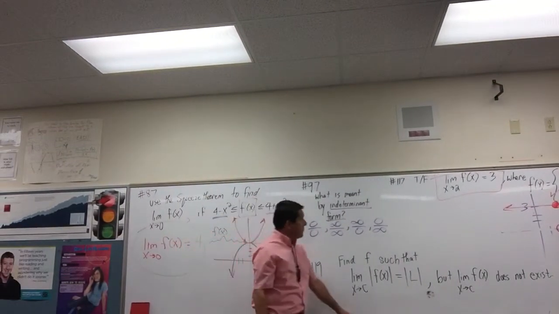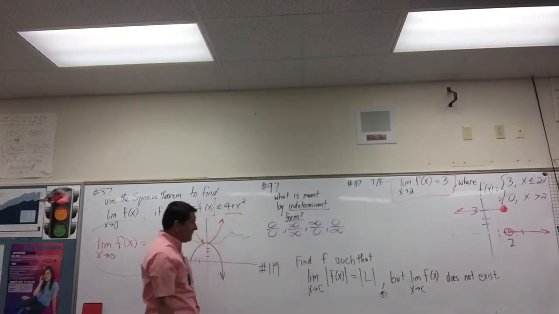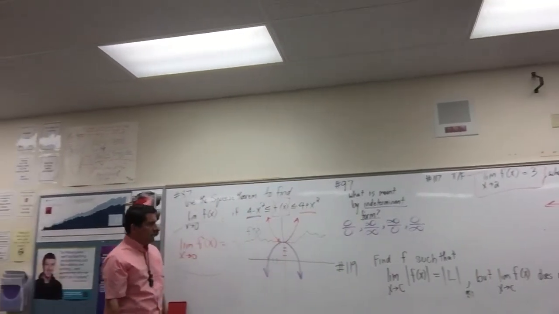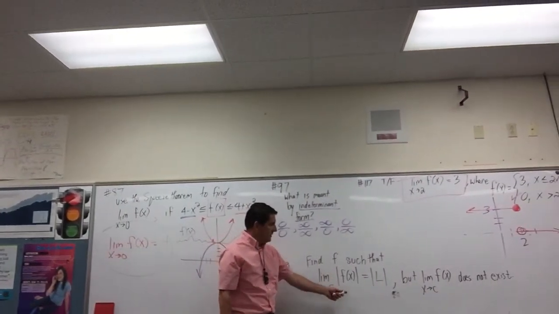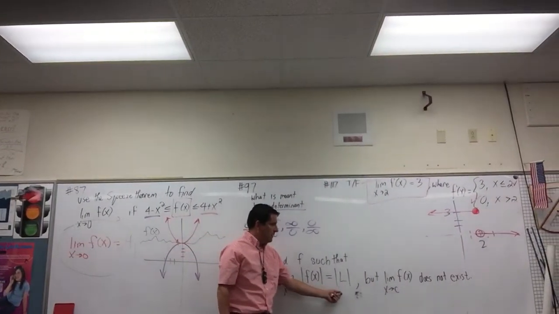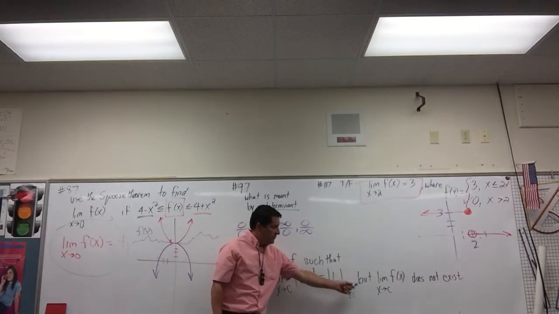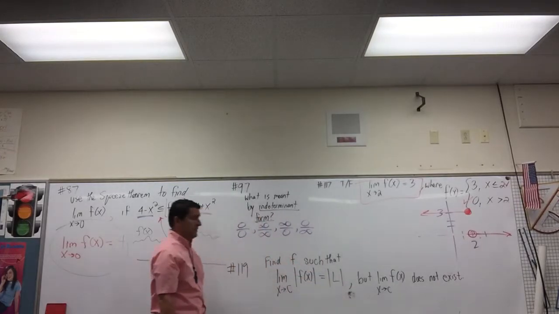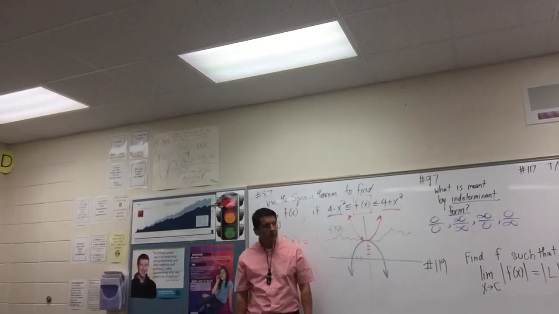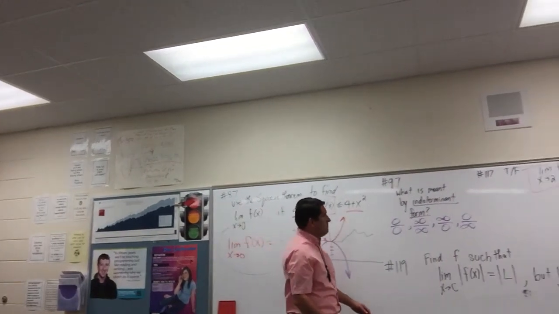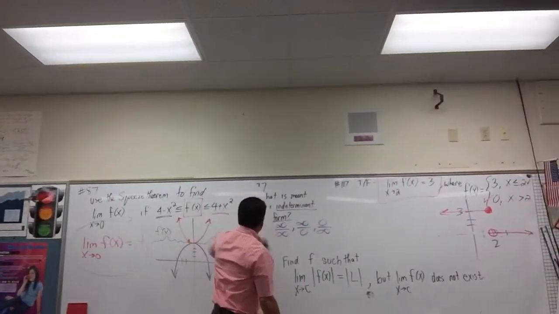Finally, number 119 says find f such that the limit as x approaches c of the absolute value of f of x is equal to the absolute value of L. However, the limit as x approaches c of f of x does not exist. So we have to come up with a graph that matches that somehow.